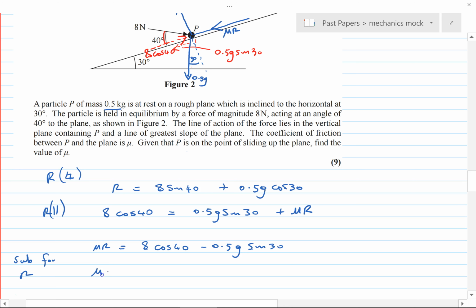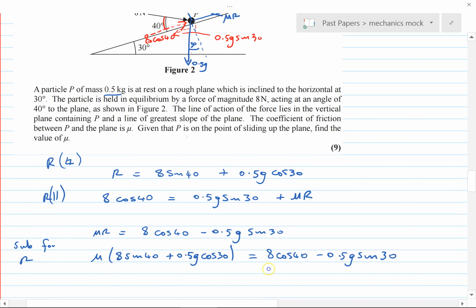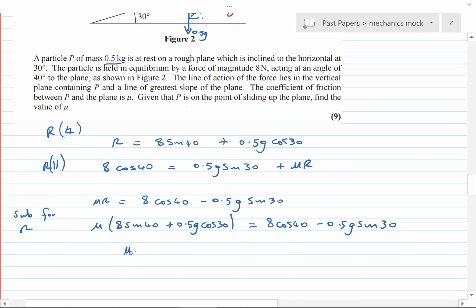We have mu times 8 sine 40 plus 0.5 g cos 30 is equal to 8 cos 40 minus 0.5 g sine 30. So that's going to give us our value for mu.